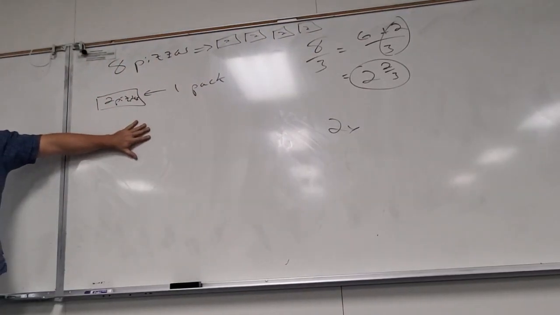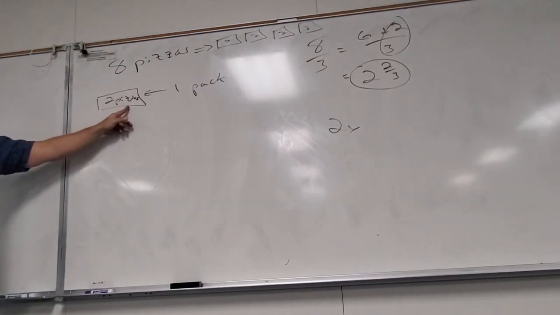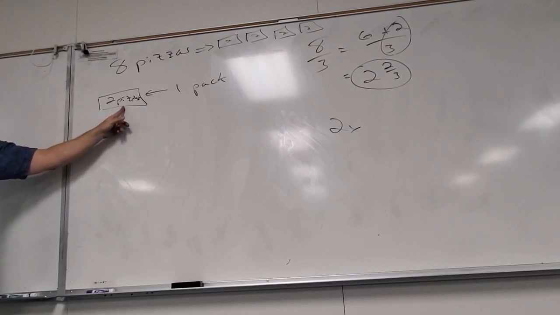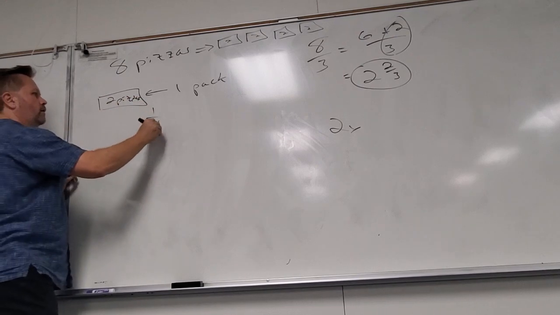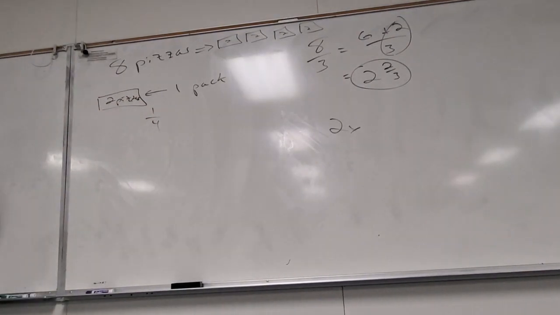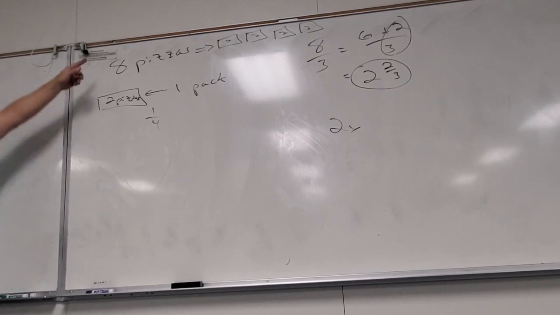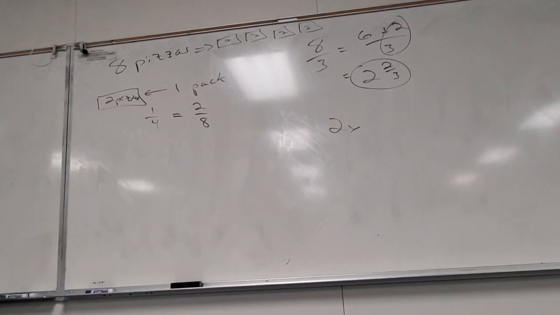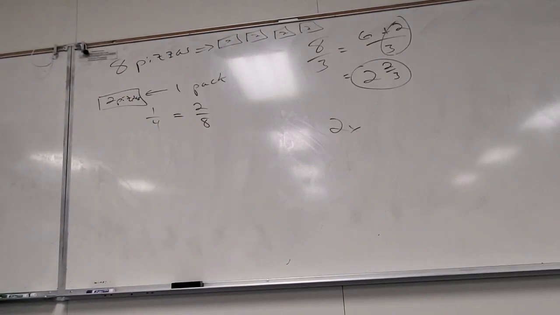So how much out of 4 packs? I only have 1. So that would be 1 out of 4. In terms of pizzas, how many pizzas do I have? I have 2 and I want 8, so I have 2 out of 8 pizzas, and that's another reason why those are equivalent, right? Each pack has 2 pizzas in it, and that's why you could double the top and bottom and it still physically represents the same thing.